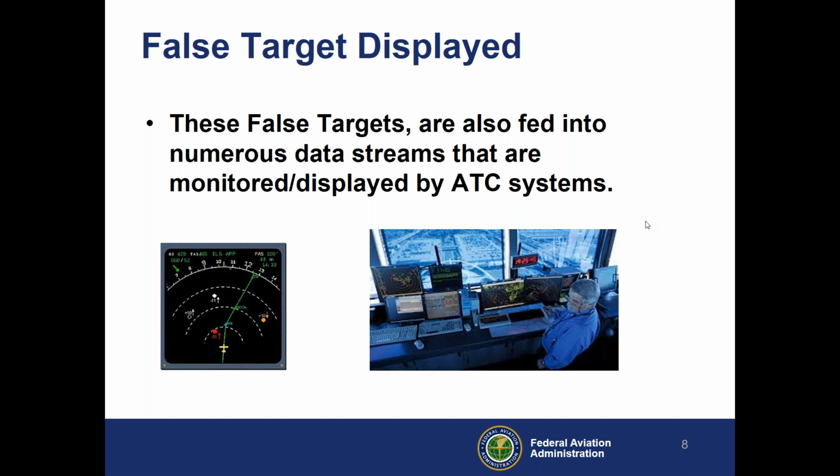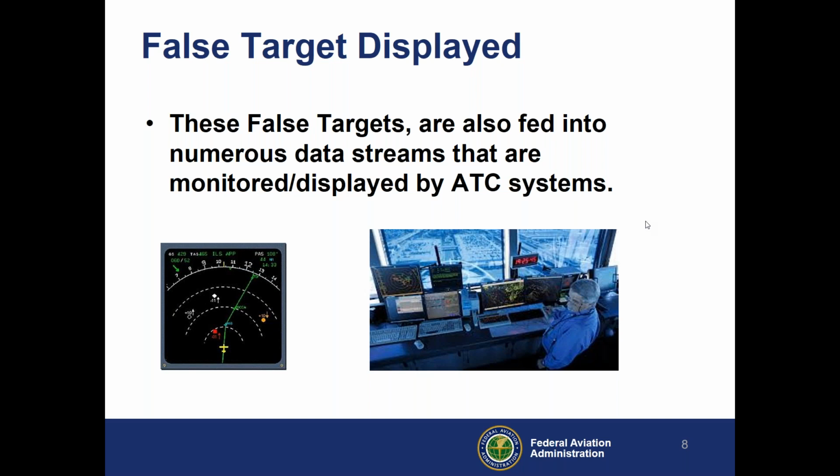But if you fast forward to today, air traffic controllers aren't looking at a repeater display radar. What they're looking at is a composite of traffic information. As we saw in the previous slide, this traffic information can be made up from ADSB returns, from radar returns, and different sources.